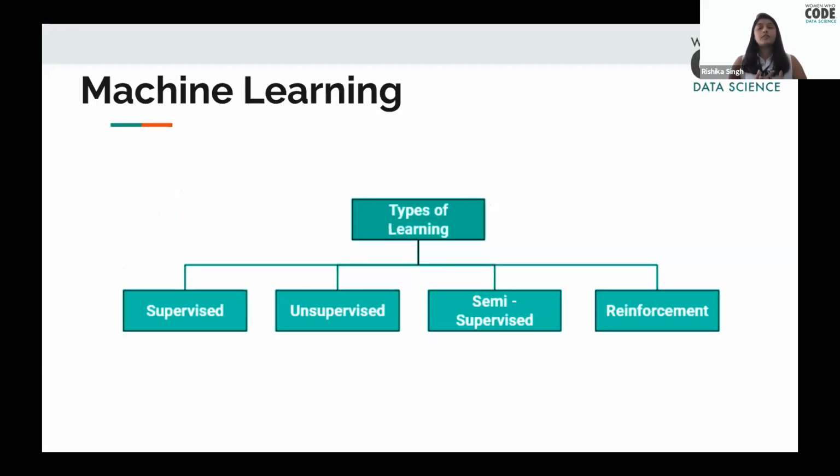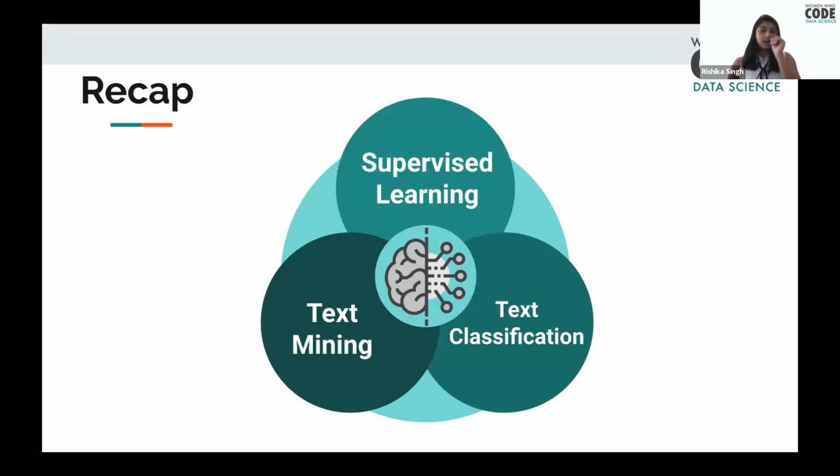So today we went over the different types of machine learning. As I said, there's 4 main categories, but the ones we went over today were supervised, unsupervised, semi-supervised, and reinforcement learning. And today we'll be focusing on a supervised text classification task. And lastly, we also went a little bit deeper into supervised learning and what are all of its applications.